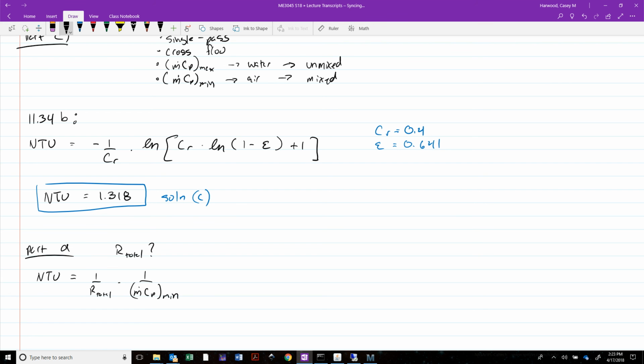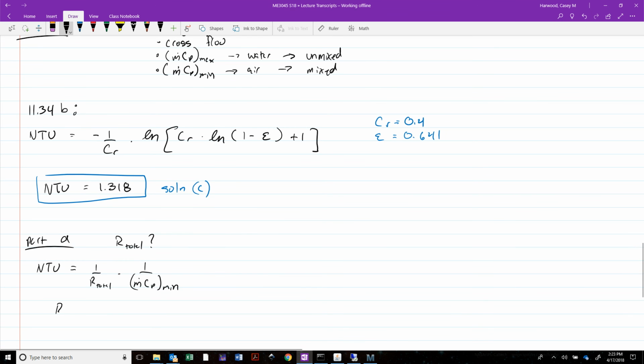All right, so this is pretty straightforward. In other words, R total should be equal to 1 over the number of transfer units times 1 over m dot Cp min.